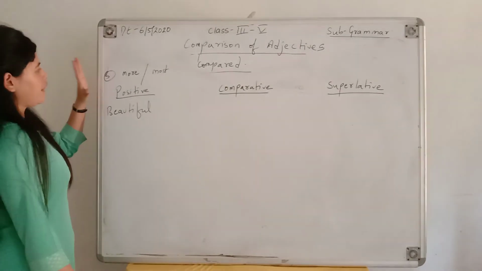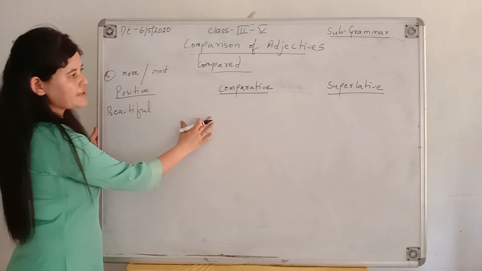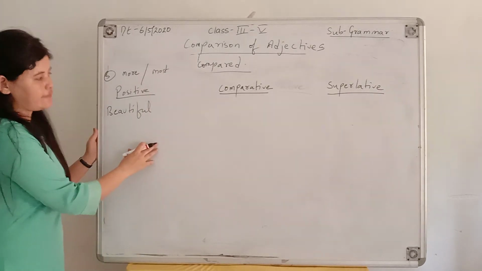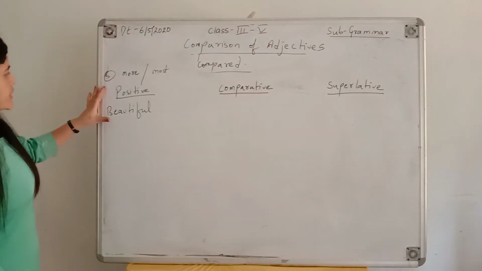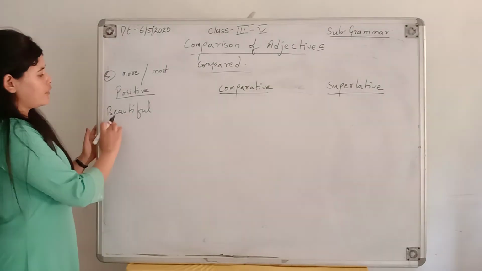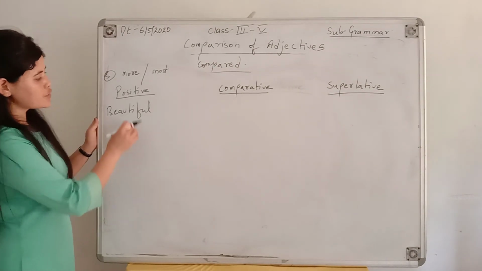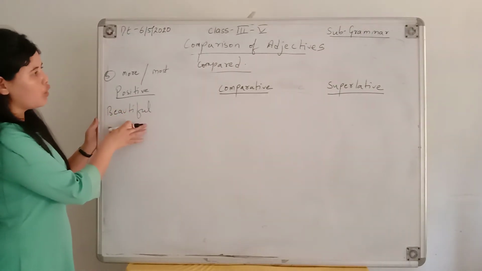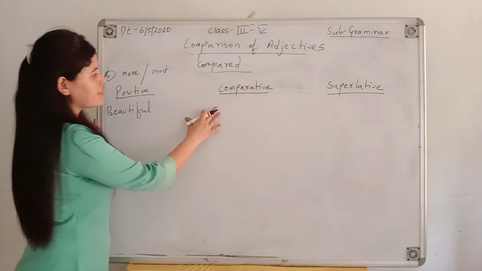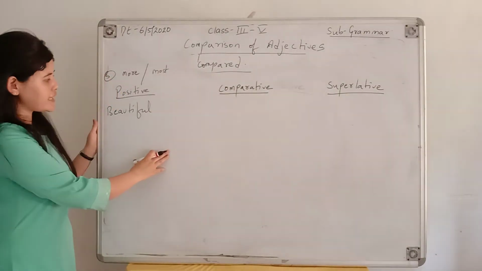For example, positive, beautiful. Over here you can see that this word has more than two sounds. So in these long words we will add more in comparative form and most in superlative form.